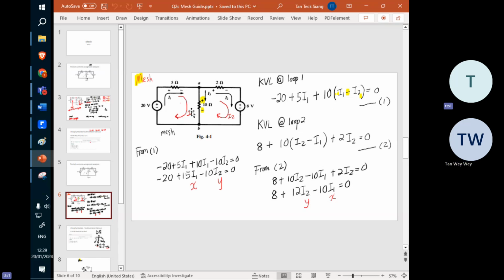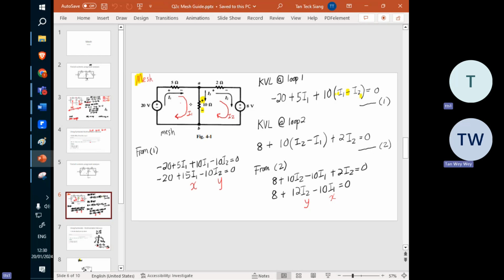One is positive: I1 is positive because I1 is flowing this way, but I2 is flowing the other way, from bottom to top. So I2 is negative. If you look at the 10 ohm, I1 is flowing from the top to the bottom, and I2 is flowing from the bottom to the top, so I2 must be a negative value.